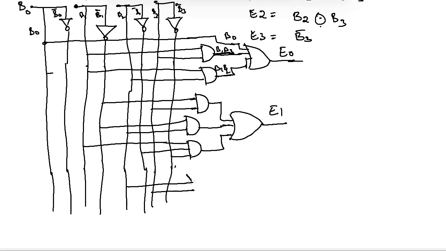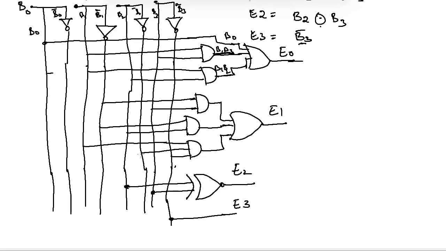XOR with bubble is XNOR gate. So it is the bubble gate. So we get E2. And the last one is B3 bar. Last expression is, this B3 bar is the output for E3. This line indicates B3 bar. This is the logic diagram for converting binary to XS3.